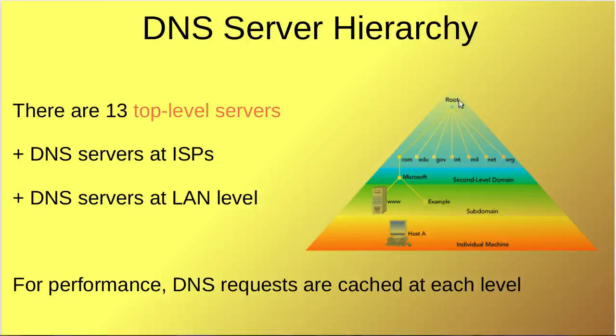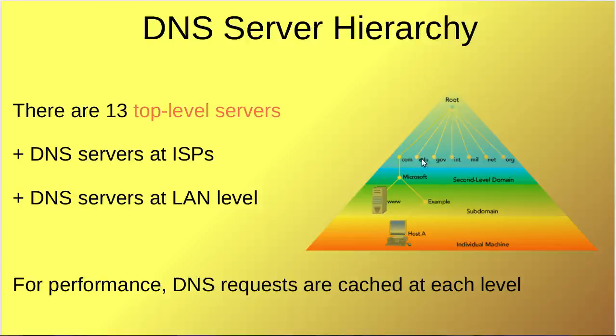And ultimately you might ask, if it's something that no one along this path has ever seen before, you might end up asking the root top level domain, or the root server, and the root will say, for example, if it's www.uwrf.edu, I don't know where that is, but I'll ask the edu top level server.